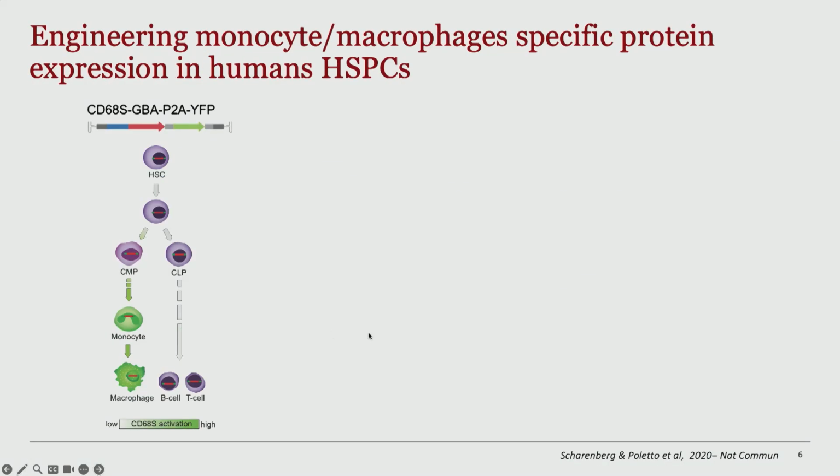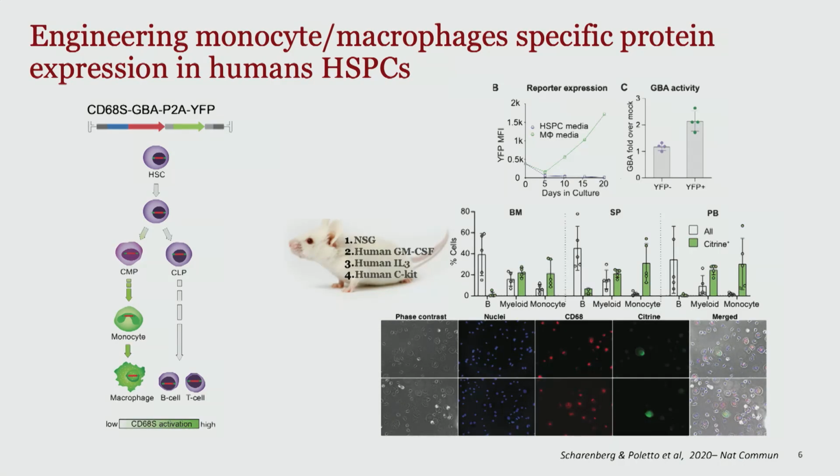So with this approach, we were able to edit human hematopoietic stem and progenitor cells and use the CD68 promoter that restricts the GBA expression only to the monocyte-macrophage lineage.